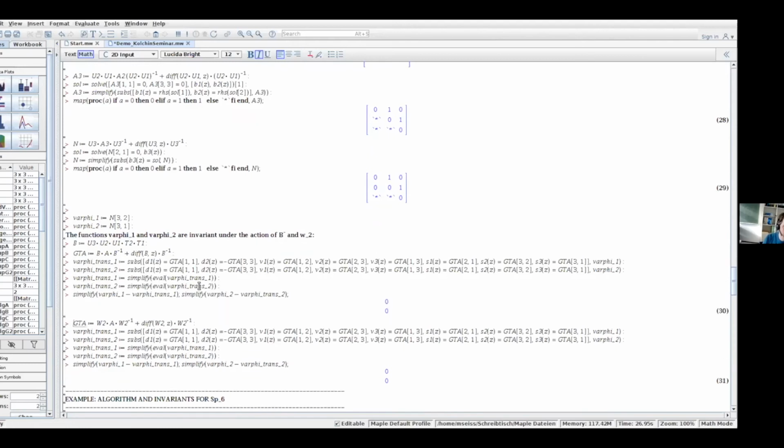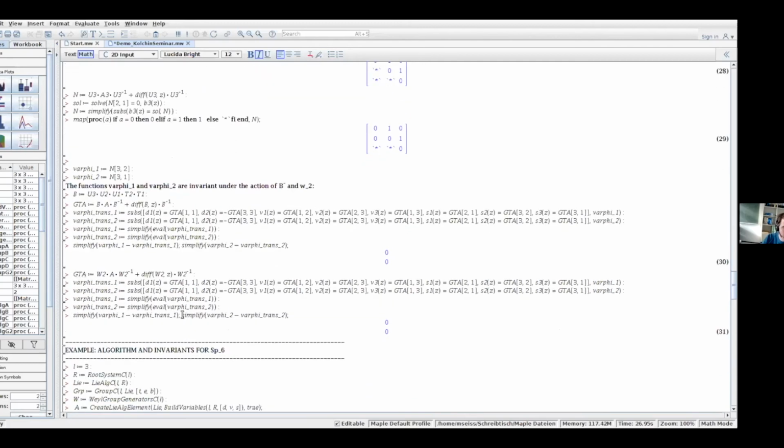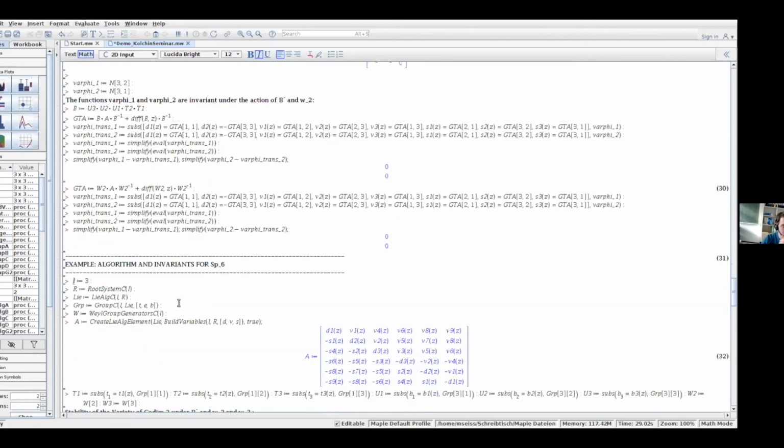And here the difference shows that it's really invariant. Okay, now we have to see that it's also invariant under the simple reflection W2. So we gauge transform, we substitute, simplify. And here's the proof that it is really invariant.